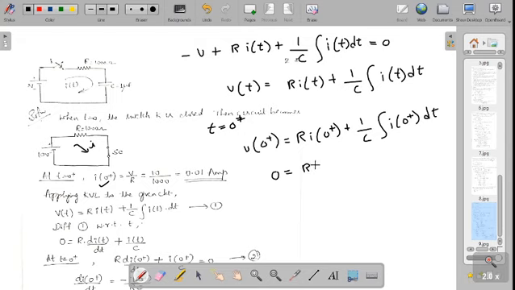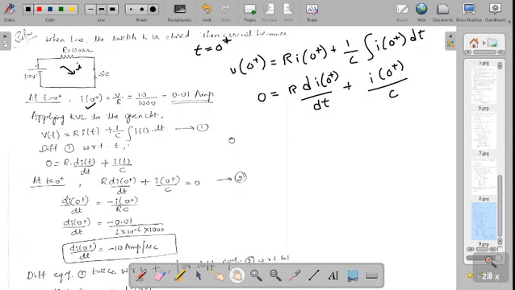So R into di of 0 plus by dt plus, when you apply differentiation to the integral, differentiation and integration cancel, so that would be I of 0 plus divided by C. Now you need to find the first derivative, so di of 0 plus by dt, we take this to the other side.